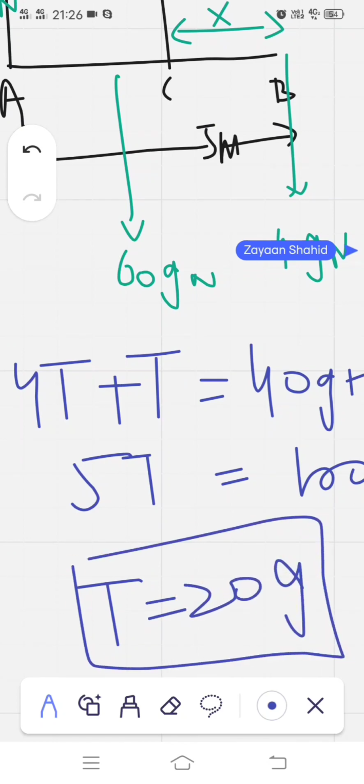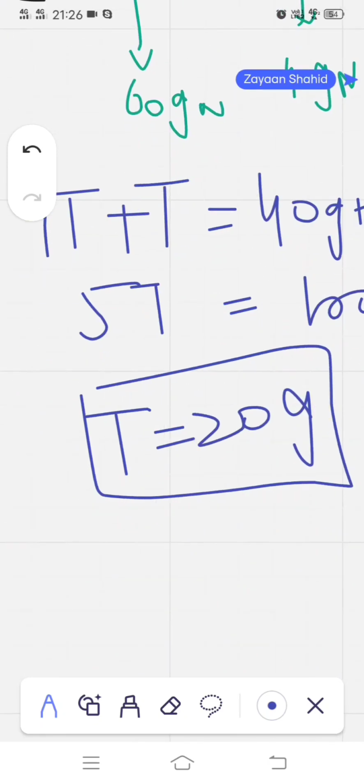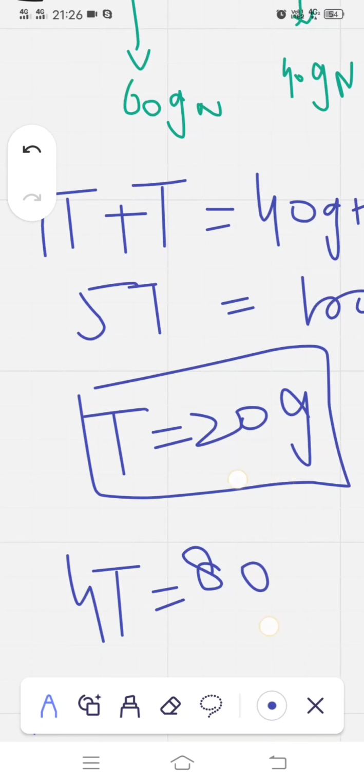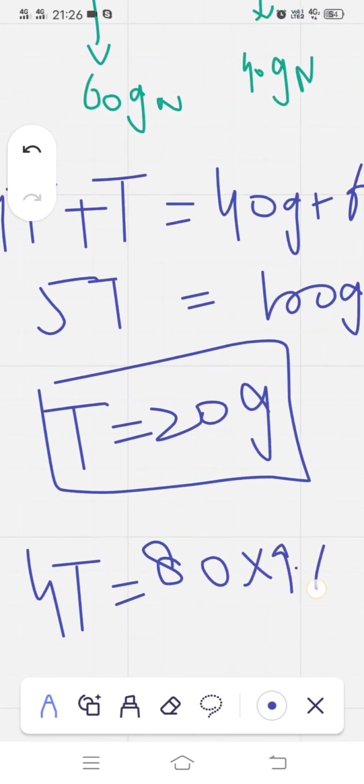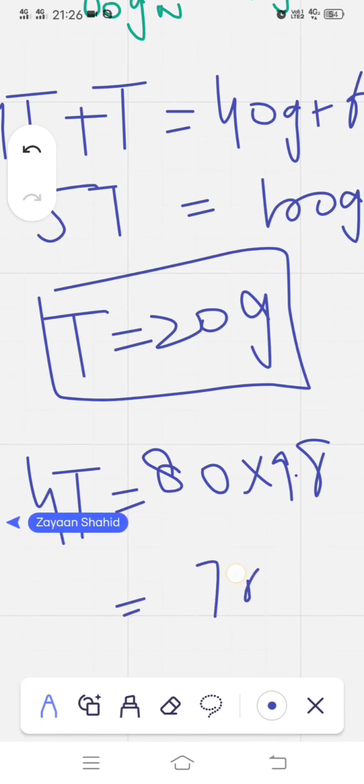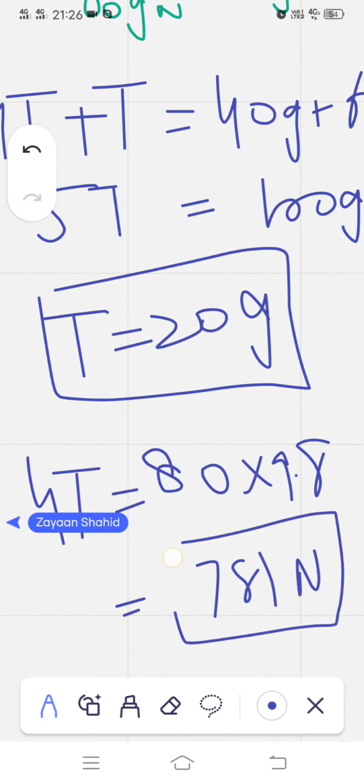So this is the tension in A. Now the tension in C is 4 times, so that is 80g, and the g value is 9.8. So 784 Newton is the tension in the string C.